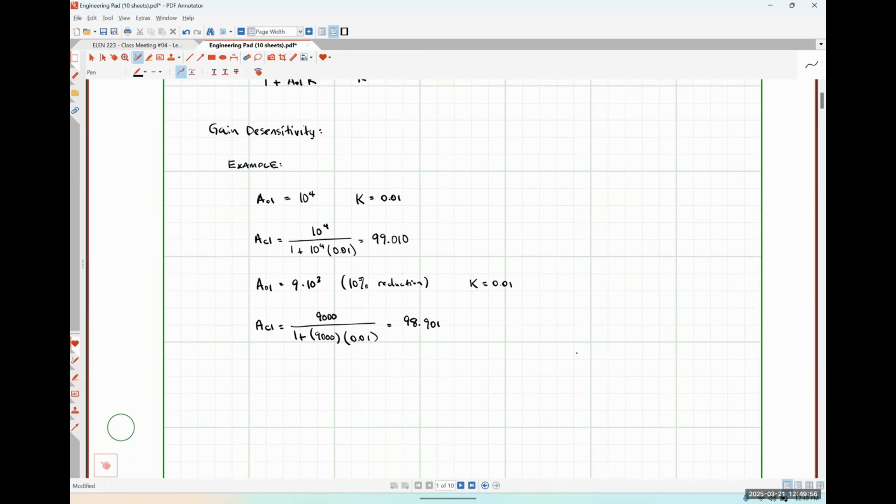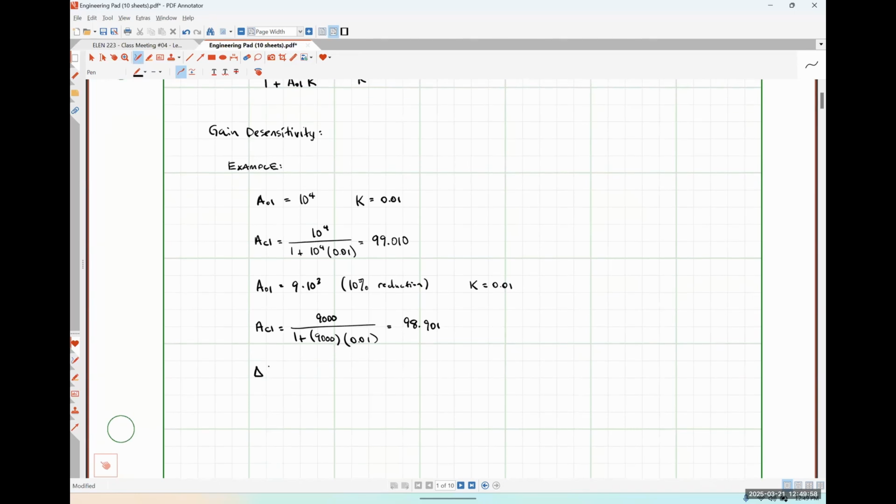So our difference in our closed loop gain, delta ACL, let's call this ACL1 and ACL2 so I don't have the same exact things here. ACL2 minus ACL1 over ACL1 times 100%, we only get a change of 0.11% from a 10% change in our open loop gain.